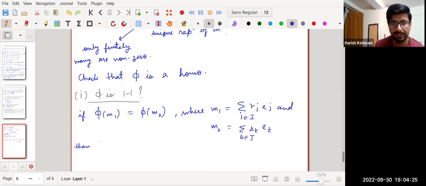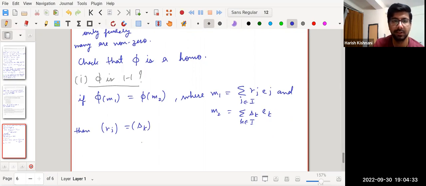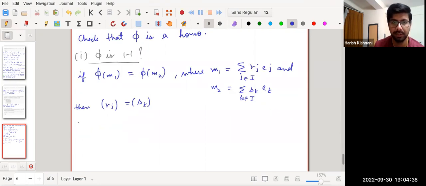You have these r_j's same as s_k's as a sequence, and that implies that r_j equals s_j for all j belongs to I. You can take the same indexing, no problem, because you need not take the sum or anything. It's just a representation. So you can take the same indexing, s_j, j inside I.